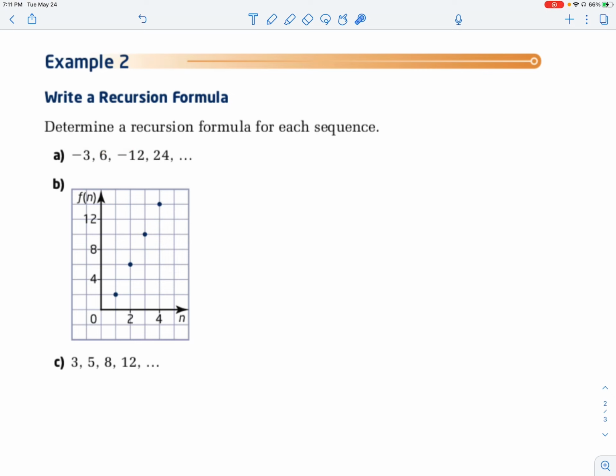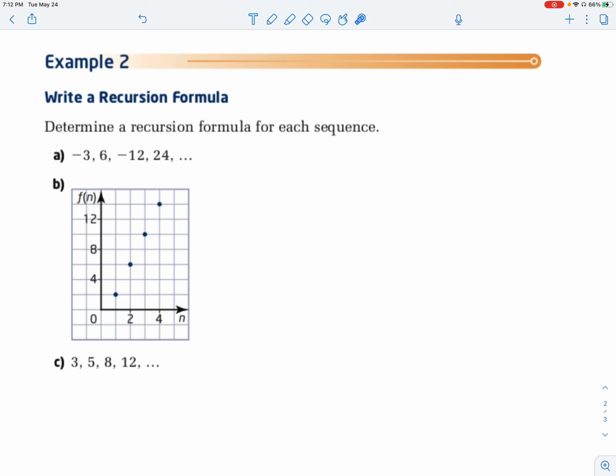You can pause the video and try to figure that out. Just looking at it a bit, you can tell it's not really rocket science. The pattern here is they're kind of being multiplied by 2, right? Like 3 to 6, 6 to 12, 12 to 24. The only thing is they're negative, then positive, then negative, then positive.